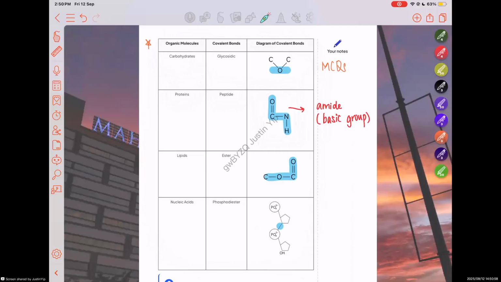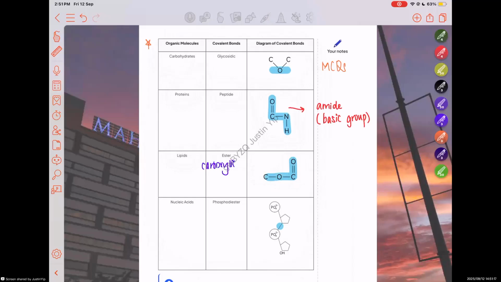And lipid, you will use something called ester bond. Ester bond is COO, and you got 2 R groups. How do you form ester in chemistry?